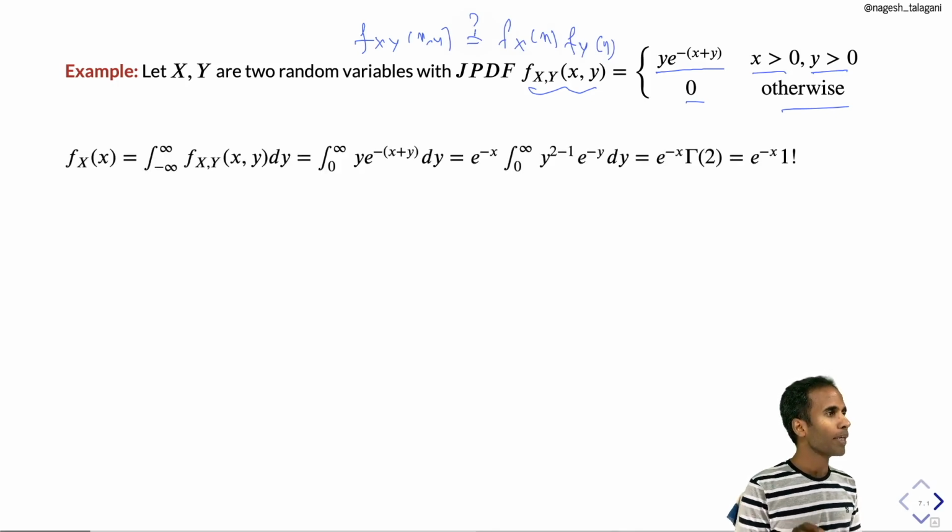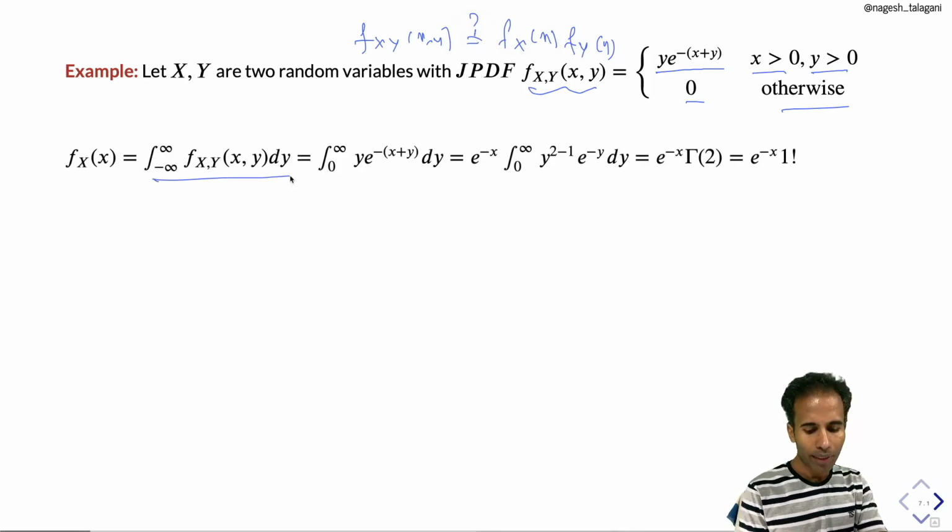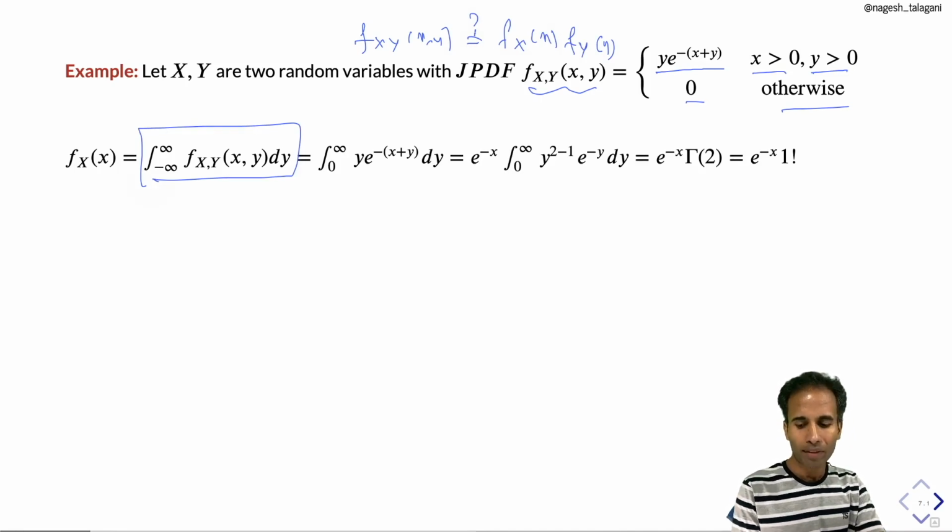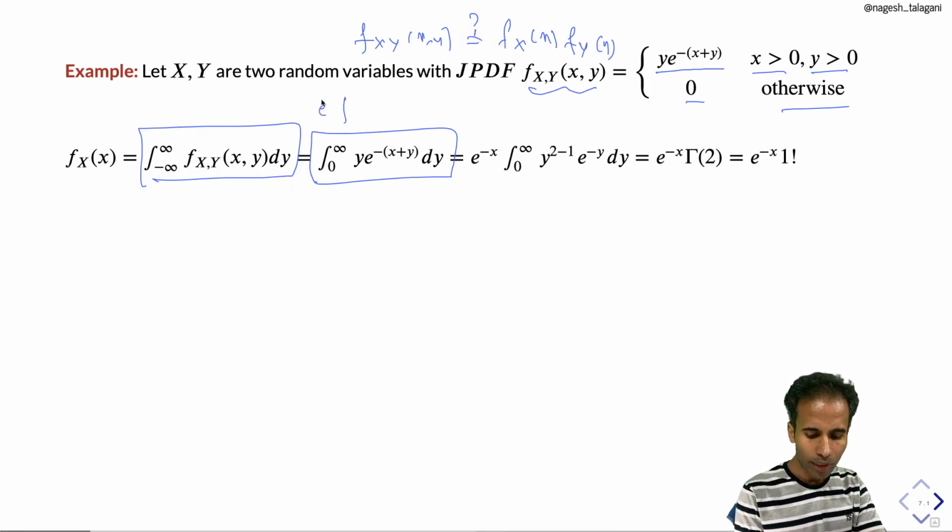How do you get the PDF of X? We have to integrate joint PDF with respect to y. Okay, y limits are going to be 0 to infinity. So we are integrating joint PDF y times e power minus (x plus y) with respect to y from 0 to infinity. Here, first of all, if you write e power minus x out, this is going to be y e power minus y dy.